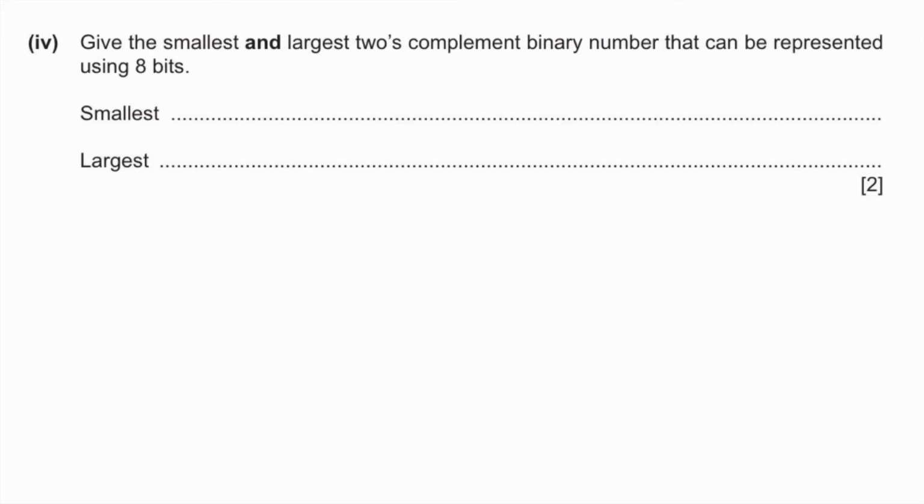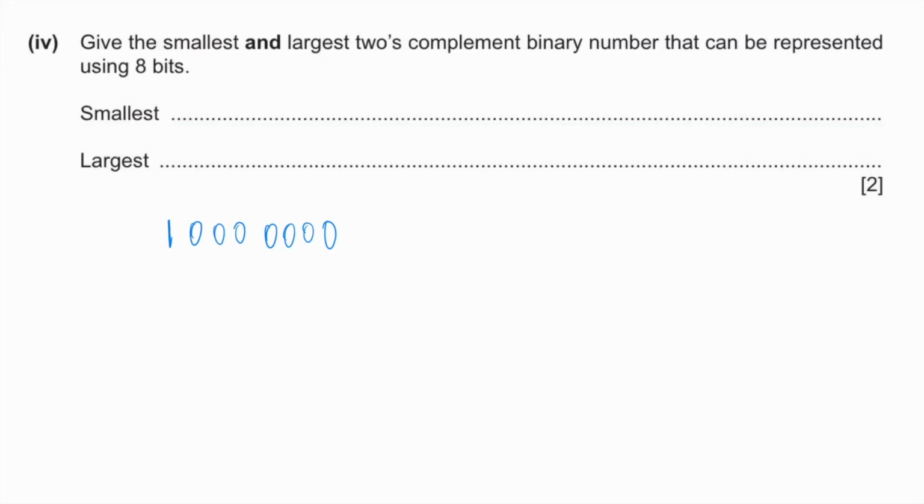So anyways, give the smallest and largest 2's complement binary number that can be represented using 8 bits. So the smallest number is going to be something that's negative, right? So it's going to start with a 1, and basically if you want this to be the smallest possible value, then the rest of the digits are just going to be zeros. And that's basically going to be our answer.